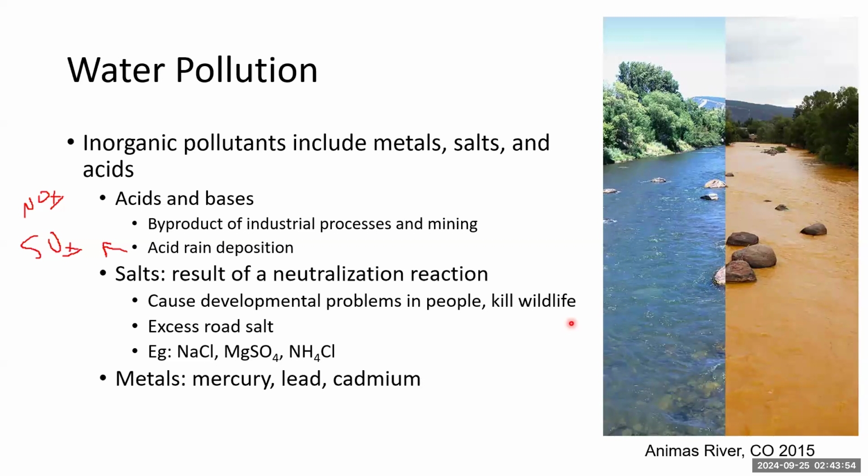There was a recent study out of Canada that found excess sodium in, was it well water? It might have been well water. Excess sodium in well water from road salt had reached high enough concentrations that people with heart disease were being affected by the excess sodium. So excess sodium can cause health problems in people.